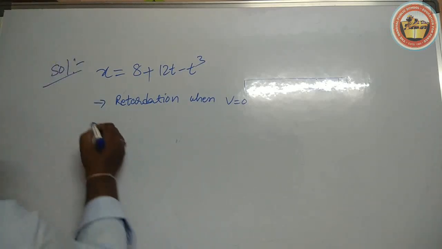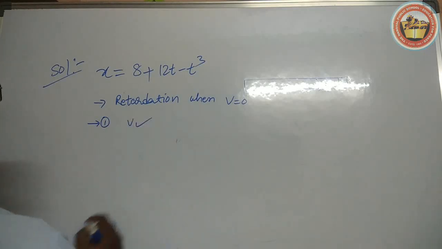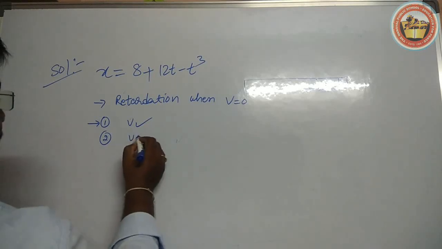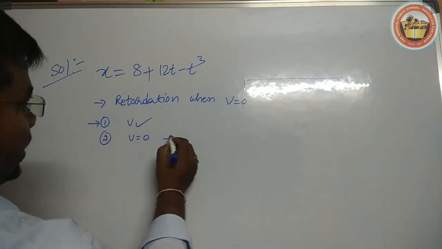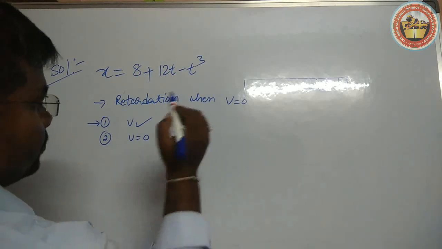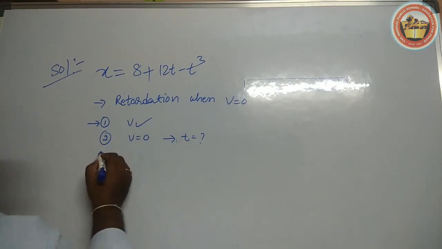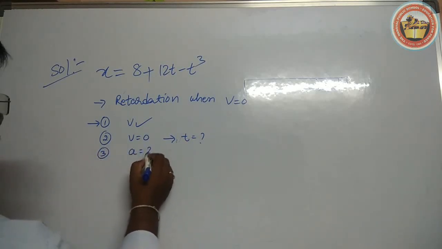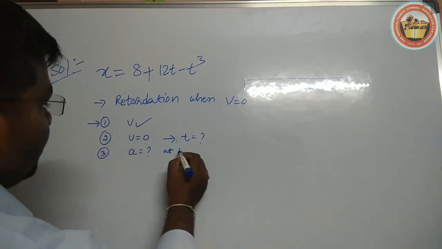So first step, we have to find velocity. After that, second step, we equate that velocity equation to 0 and get the time t value. After that, we can find acceleration at that t value.